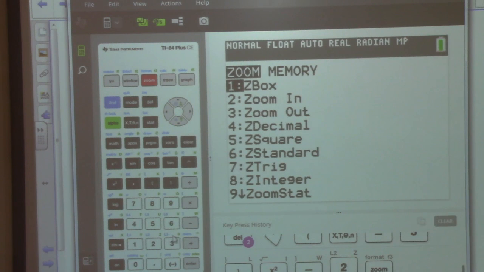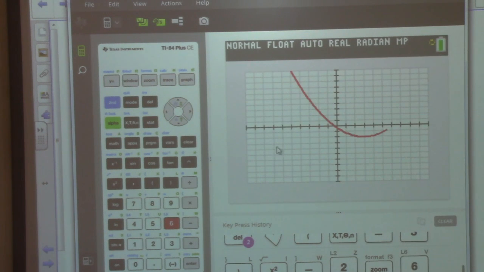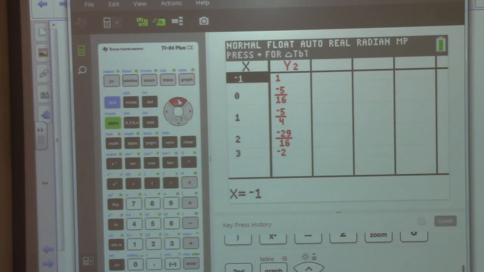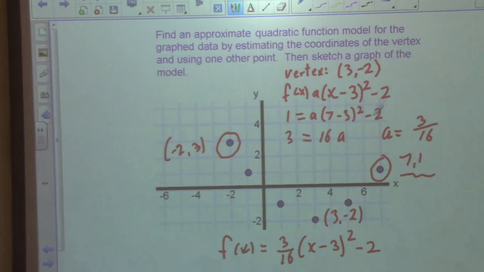I'm going to go zoom 6. So we have our exact points here. We have this 7, 1. We have this negative 1, 1. And remember that we had that negative 2, 3? Not quite exactly, so we're not going to hit negative 2, 3 exactly. But you can see that's pretty close though, right? So really, that's as far into this as I want to go.